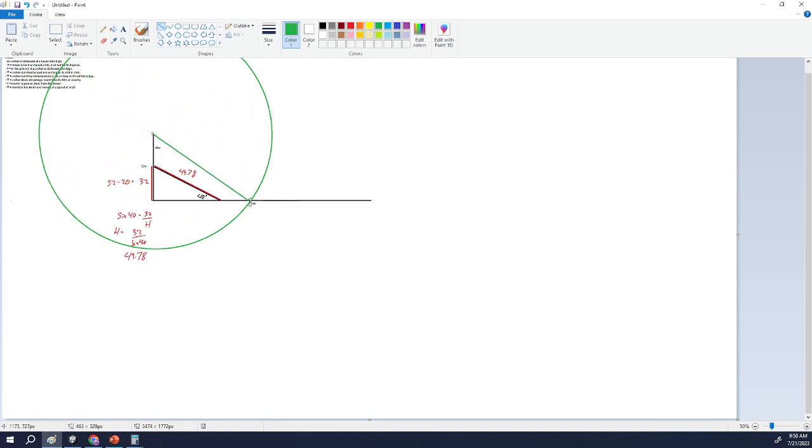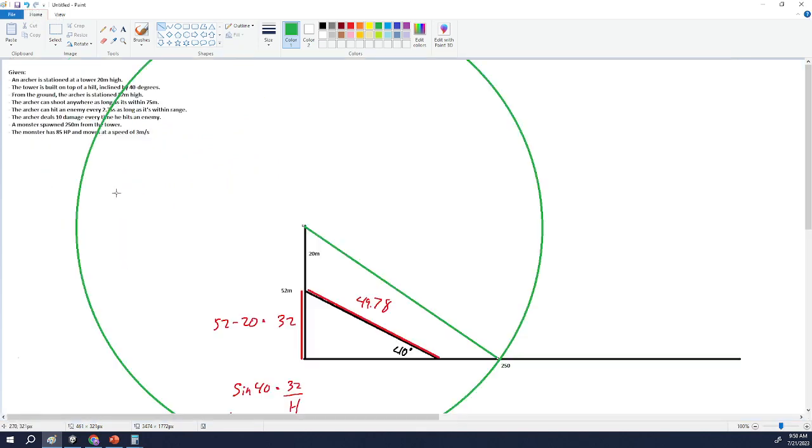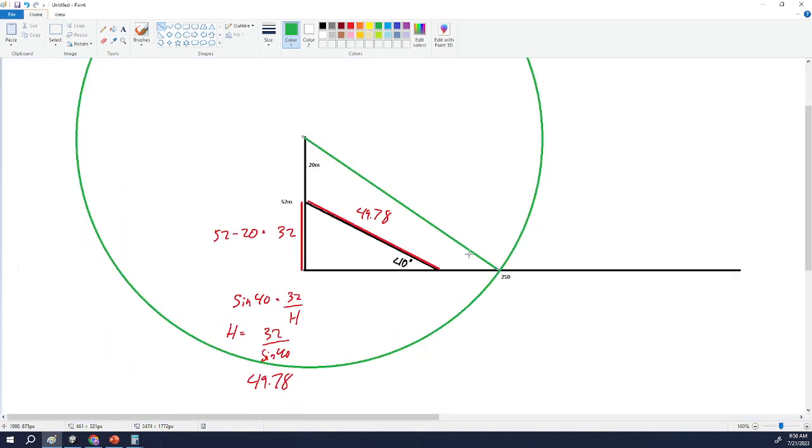So when it reaches the ground, you will notice that this is 75. We have a height here of 52. So all we have to do is find out this effective range from the ground.